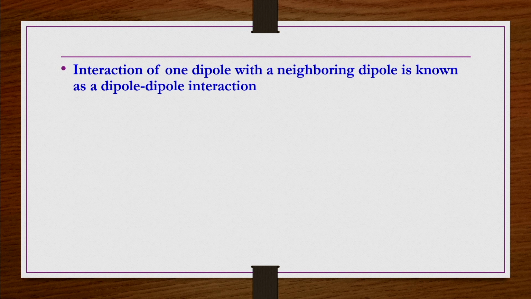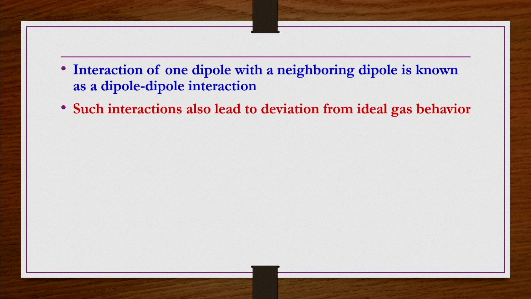Now, interaction of one dipole with a neighboring dipole is known as a dipole-dipole interaction, and such interactions also lead to deviation from ideal gas behavior. So, two charges, one positive and another negative, balance each other, there is no net charge, but despite that there is an electric field. So, there is a dipole moment between two charges of opposite sign.